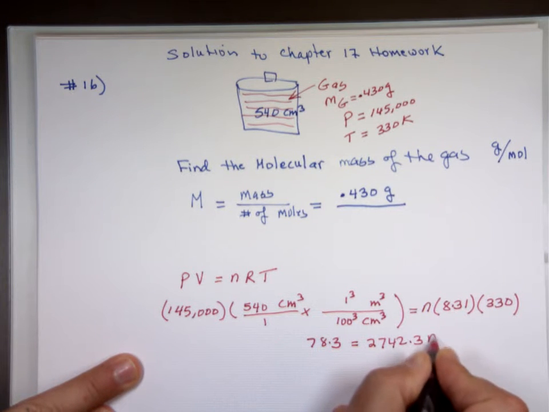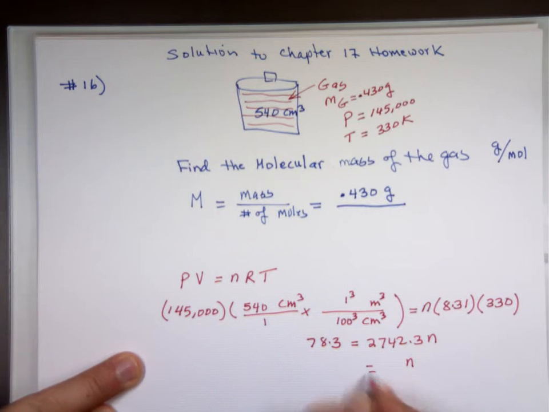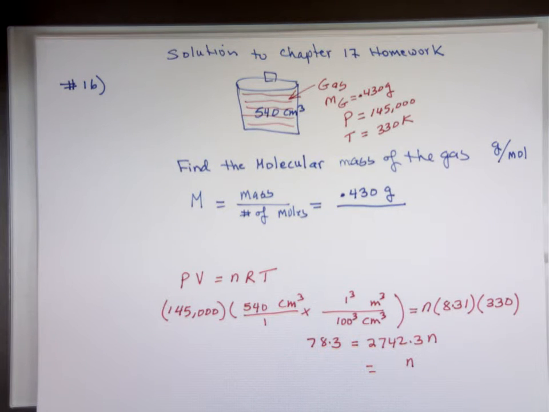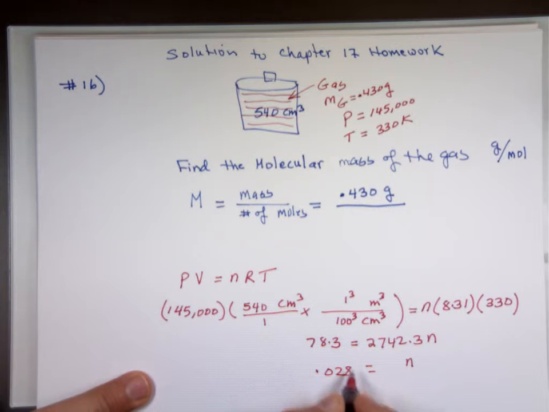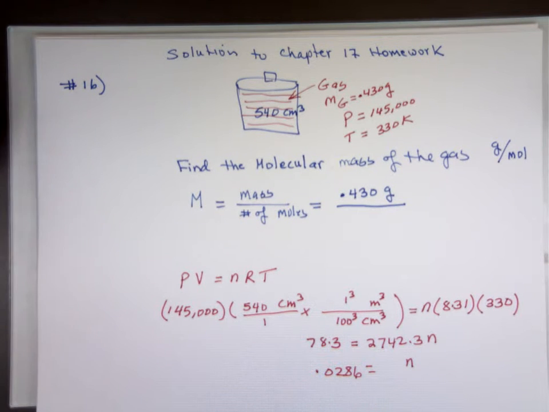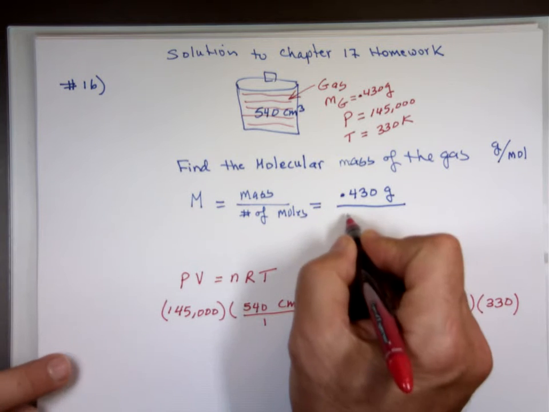That's 2742.3 n. Can we get how many moles are in that flask? 78.3 divided by that number is 0.0286. And once you have that number, come back with it and put it right there.